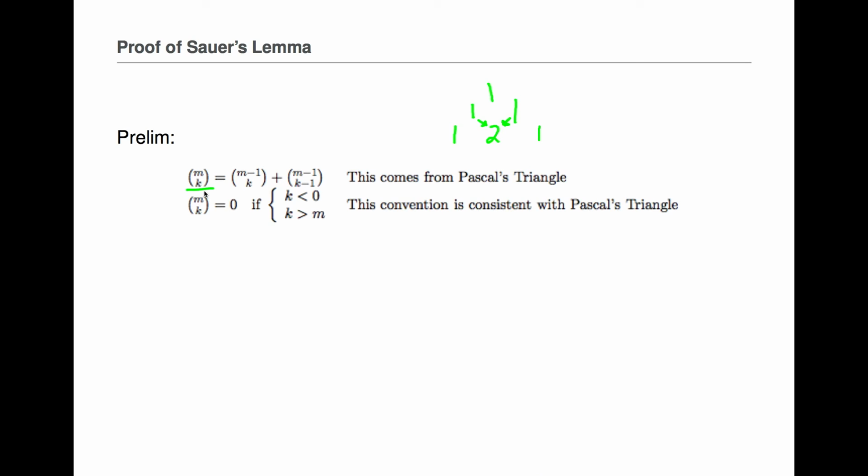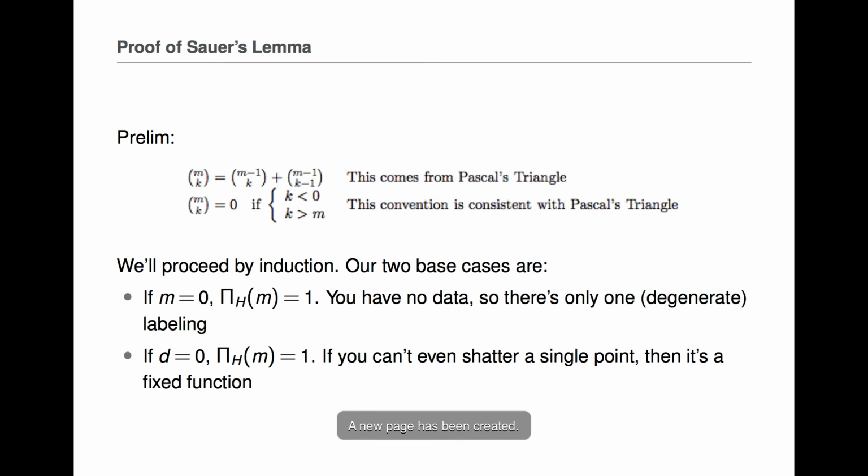The other thing that we'll do is, for various degenerate cases, we'll assume that if you're out of bounds, the answer is 0. This is fairly reasonable, and it makes the math a little bit easier. So to prove the statement about the relationship between the VC dimension and the growth function, we'll proceed by induction on m and d together.